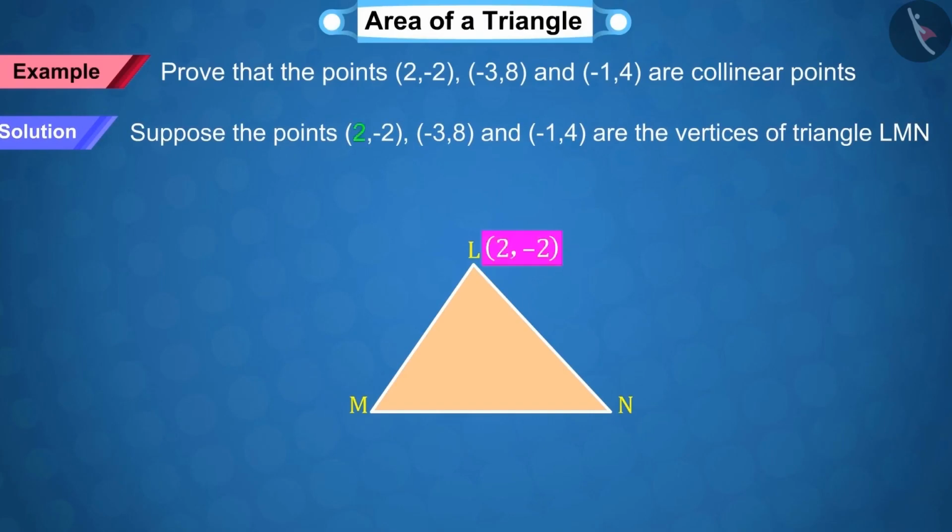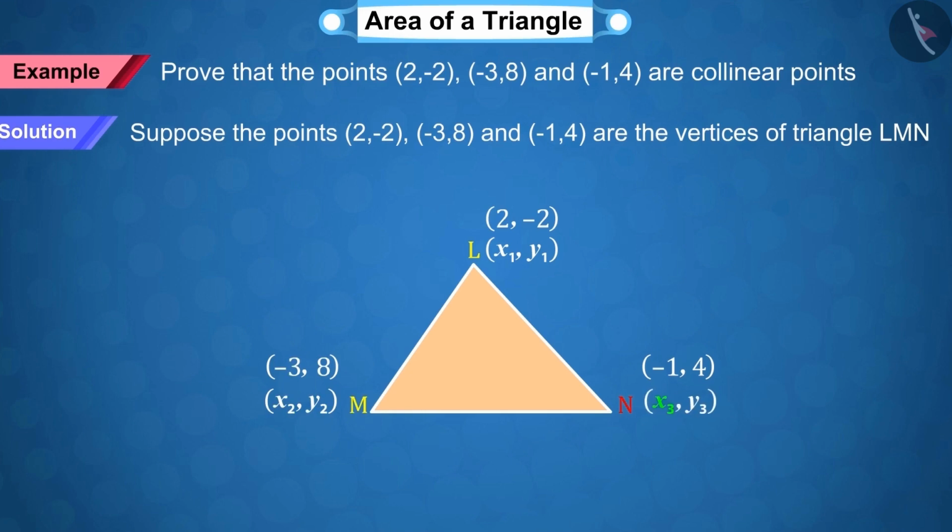Suppose that the points (2, -2), (-3, 8) and (-1, 4) are vertices of triangle LMN, which are represented as follows. Where the coordinates of the point L are x1 equals 2, y1 equals -2, the coordinates of M are x2 equals -3, y2 equals 8, and the coordinates of N are x3 equals -1, y3 equals 4.